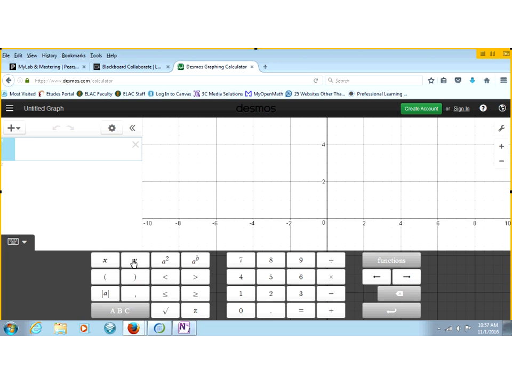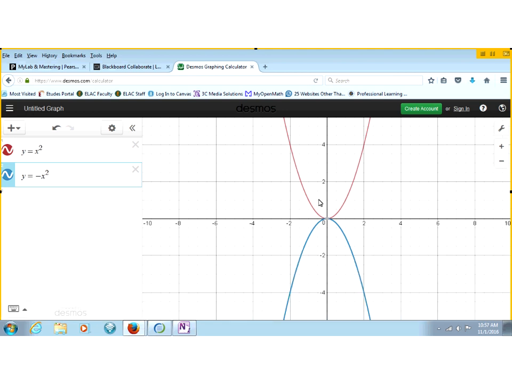So let's graph y equals x squared. Okay. So this is y equals x squared. And you got these, right? Now let's compare this to y equals negative x squared.